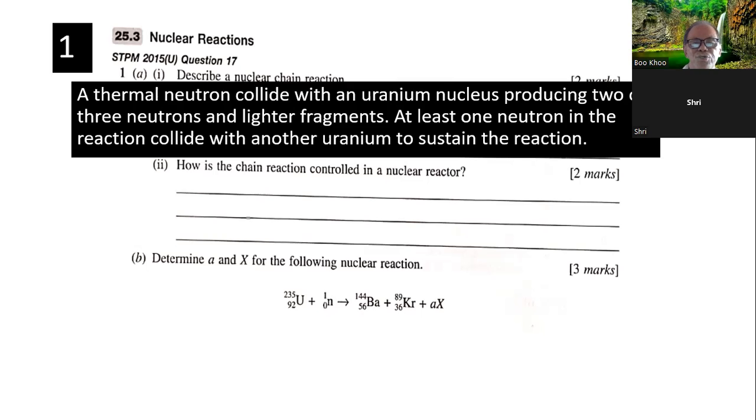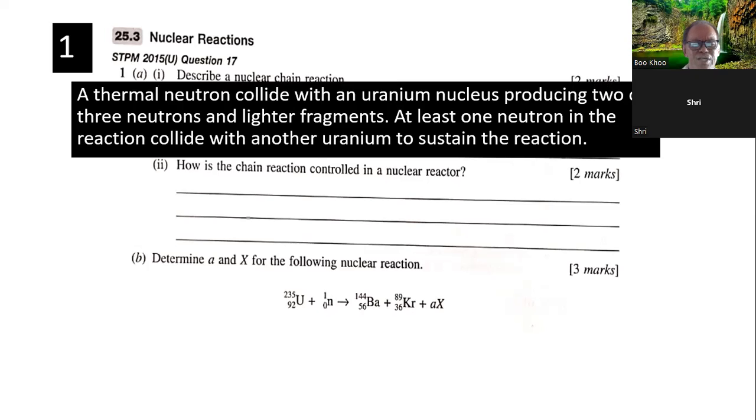How is the chain reaction controlled in a nuclear reactor? The moderator is used for slowing down the emitted neutron.